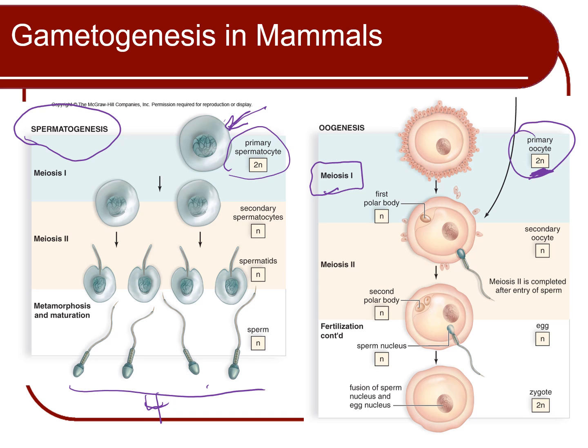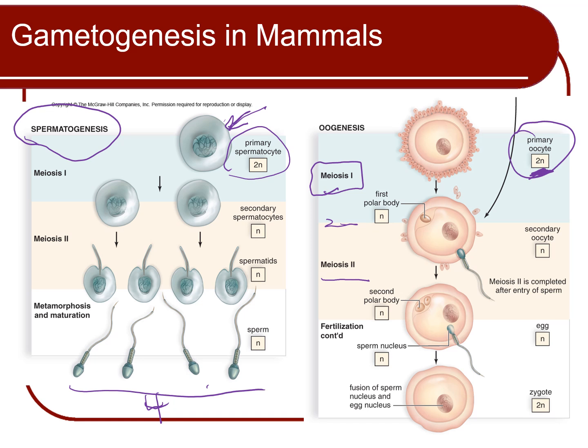And they stay arrested in meiosis 1 until a woman gets to puberty. Then, under the influence again of reproductive hormones, every menstrual cycle, one of those eggs arrested in meiosis 1 gets stimulated to complete meiosis 1 and enter meiosis 2.